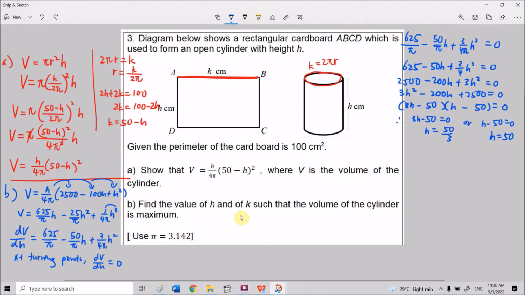Of course, you can substitute both h into the volume to find the bigger volume, or there is another way, which is by using the second derivative. We differentiate this for a second time. Yeah, so we differentiate V with respect to h for a second time, and we find d2V/dh squared from here.